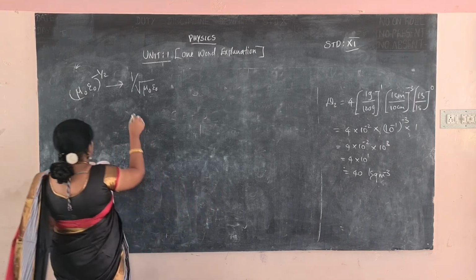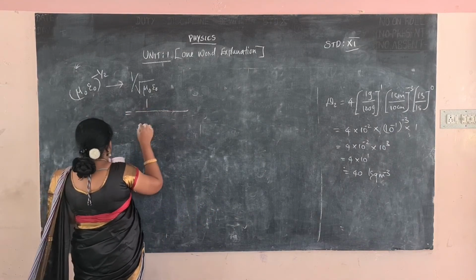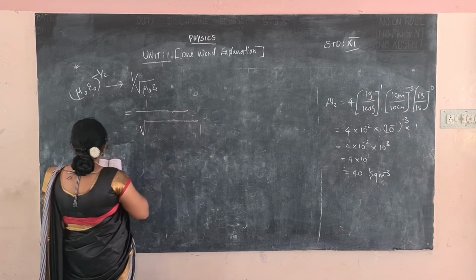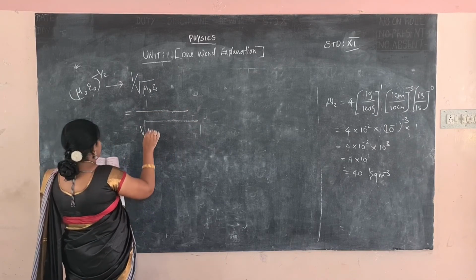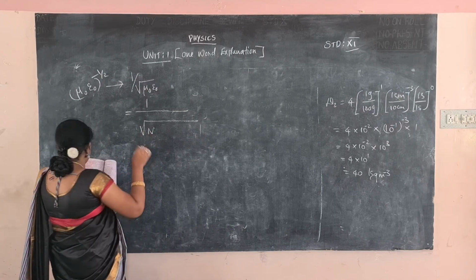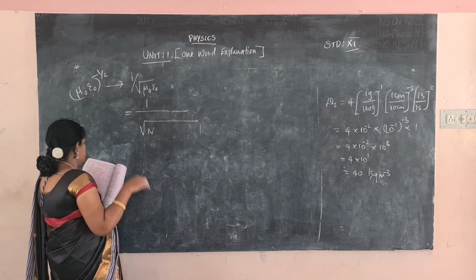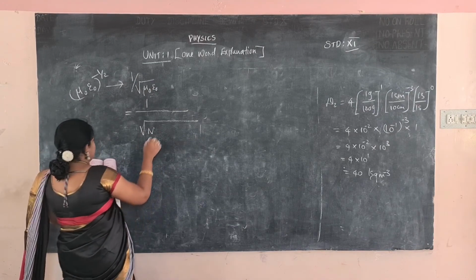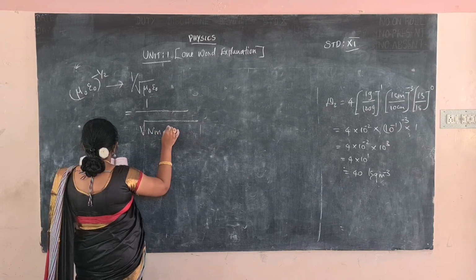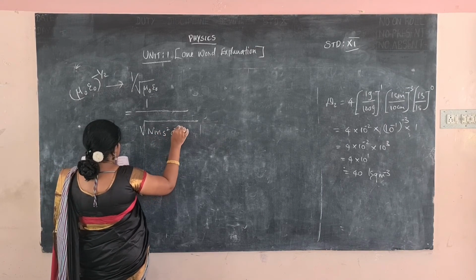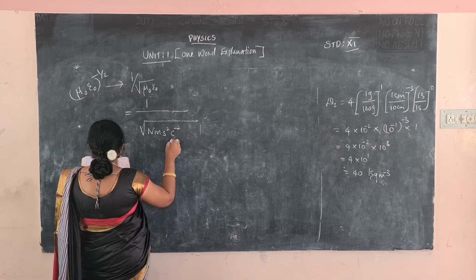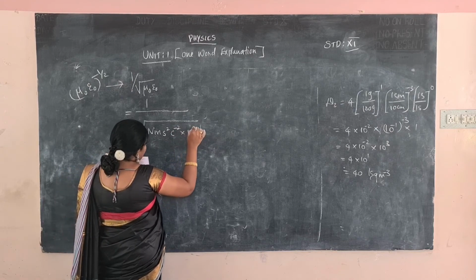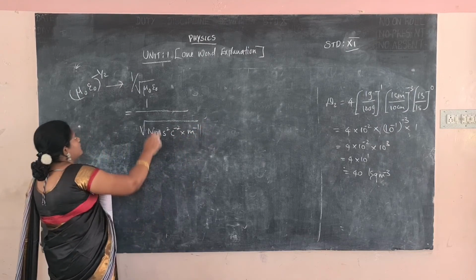Sorry, not a dimensional formula, it's the unit of mu naught: Newton meter second square coulomb power minus 2 and meter power minus 1. This is the unit for mu naught.